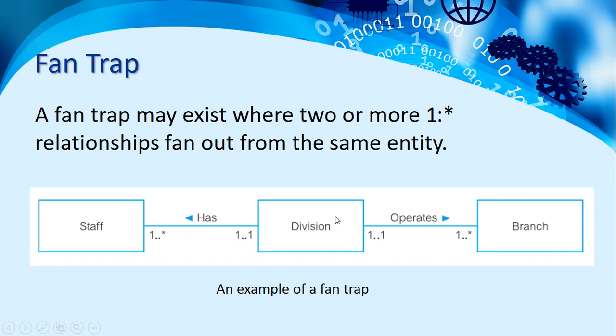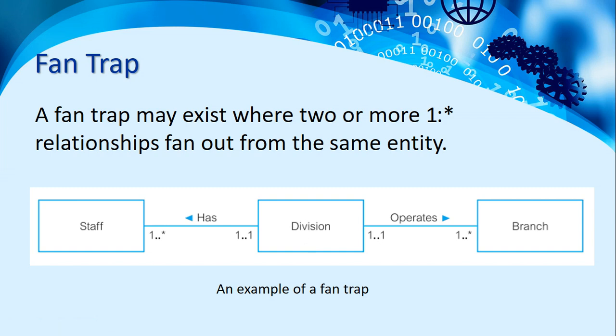We also have a relationship between division and branch, called operates, which is also a one-to-many relationship. As you notice, both staff and branch have a relationship with division. So there is already a possibility that there is a fan trap here.